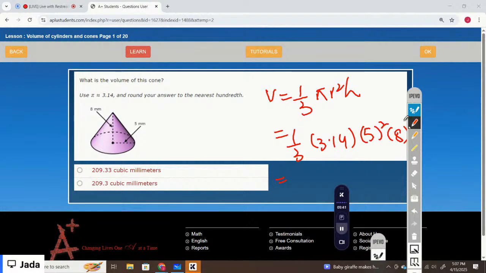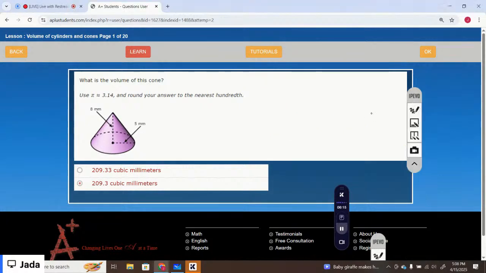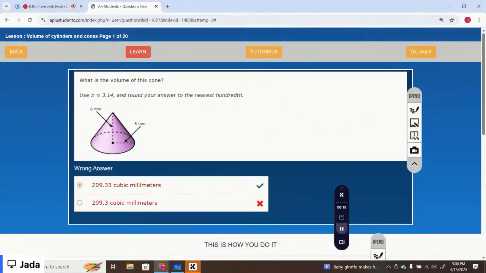Option number 2 is the correct option, that is 209.3 cubic millimeters.